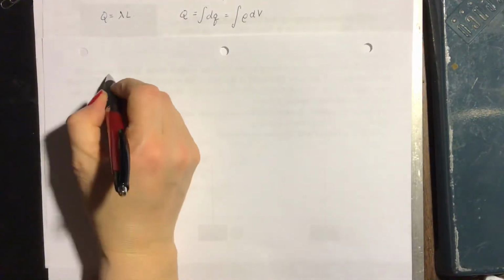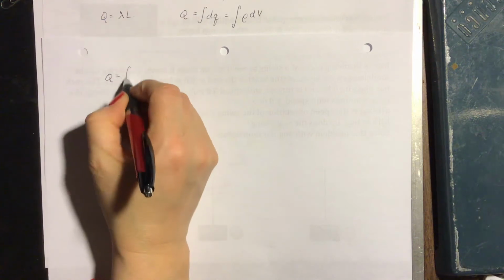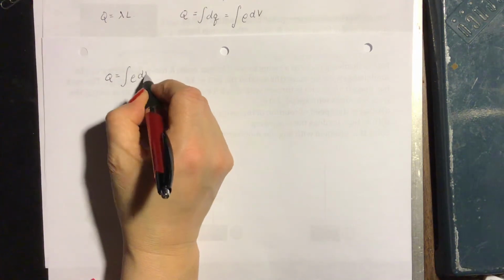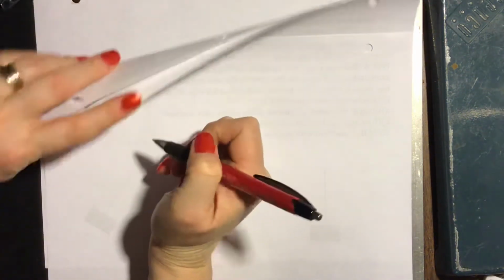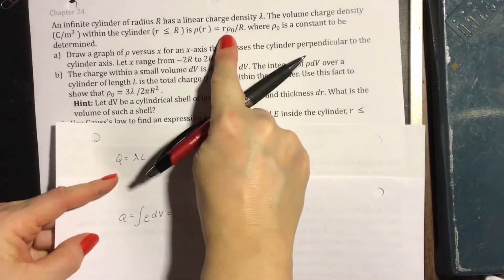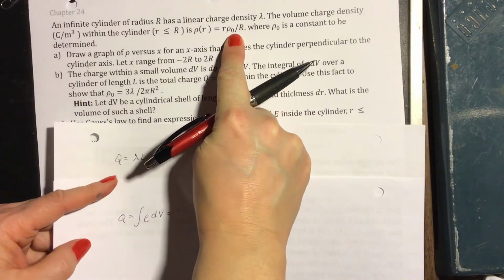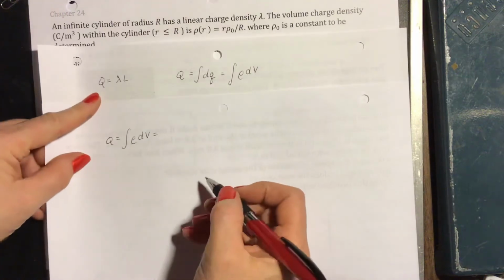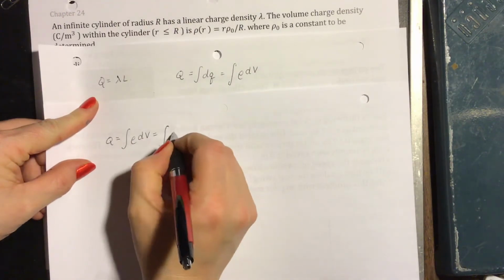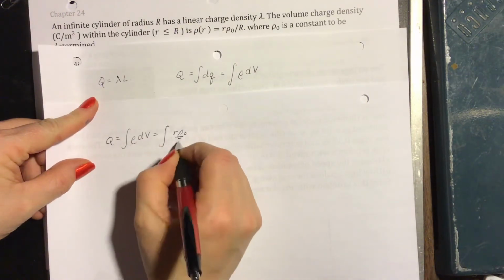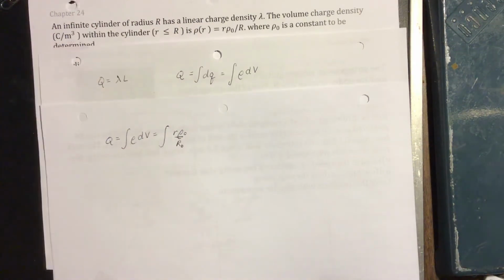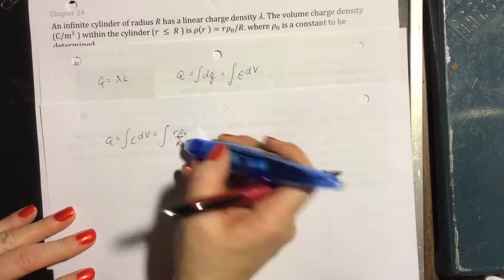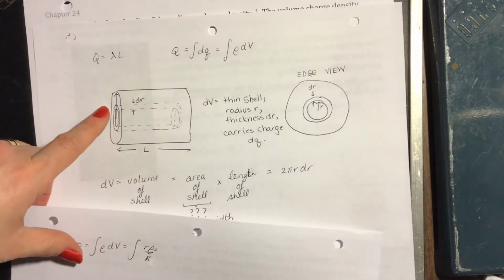So let's start right at the beginning. Q, the net charge, is the integral of rho times dV. Let's put in the two things that we know. Our value of rho is r times our constant rho naught divided by the radius of the cylinder, R. And dV is the volume of our cylindrical shell, which is the area times the length.